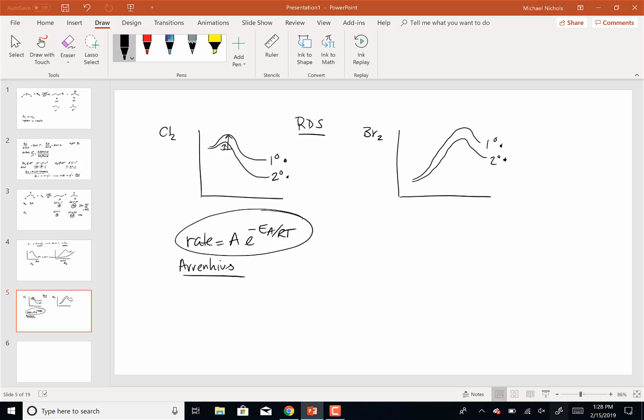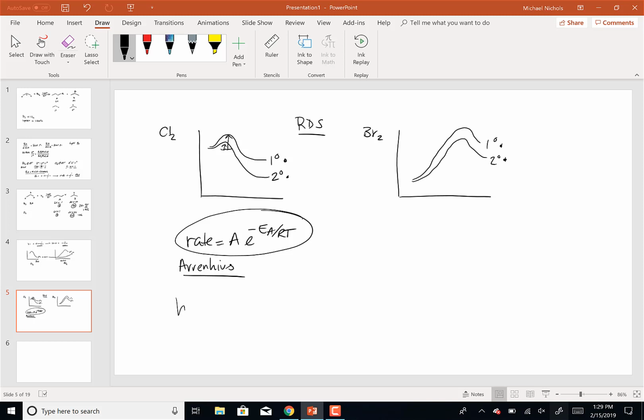I mean, what I'm giving you is kind of a non-mathematical description. Okay? So, bromination, the difference in forming primary and secondary, it's going to be much different relative rate. Does that make sense? So I lower the temperature. As long as the reaction goes, I can accentuate the rate difference even more.